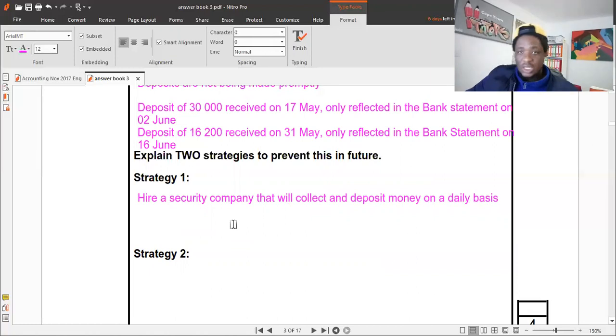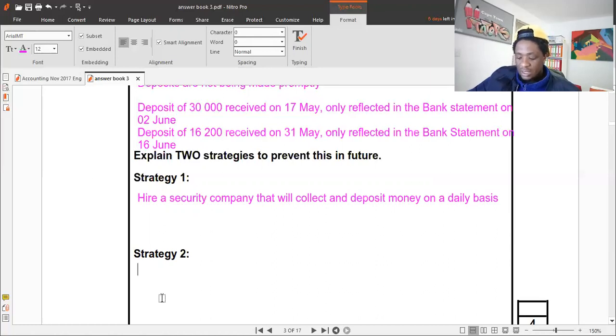That security company comes in every day in the morning and takes the money to deposit it, so that it's not the role of the employees, such that if they slack or decide to take the money and replace it at a future date, that is not the case. So they come in every day, take the money and deposit it, so that you don't sit with a lot of amount that is not being deposited in the bank.